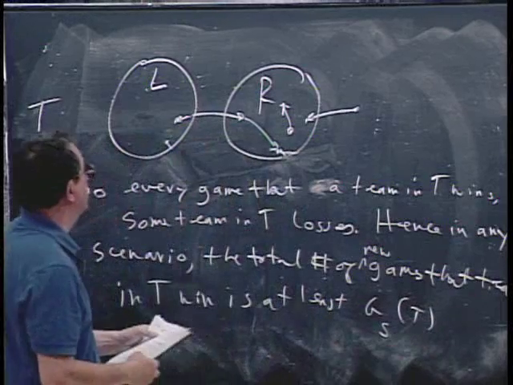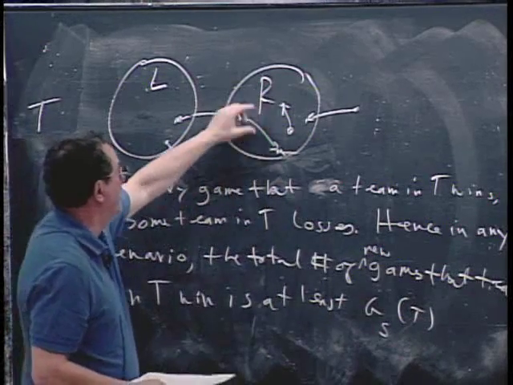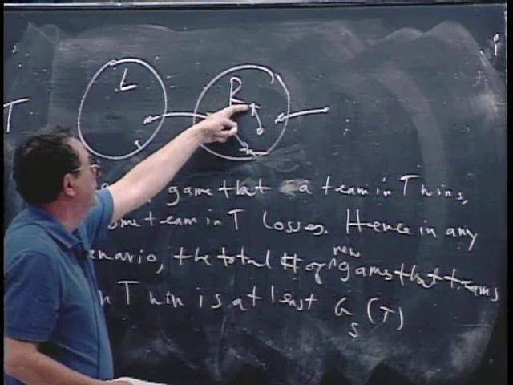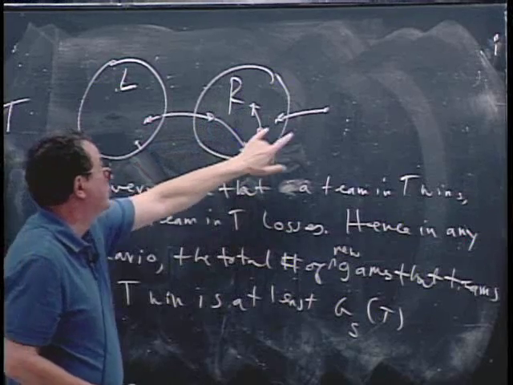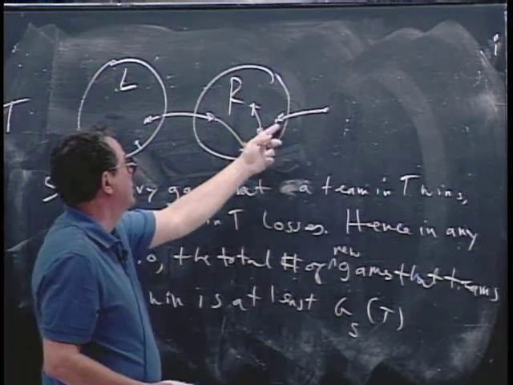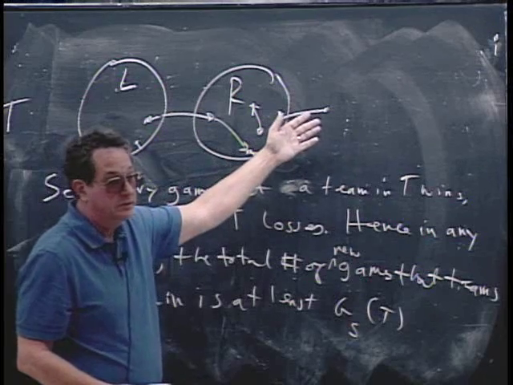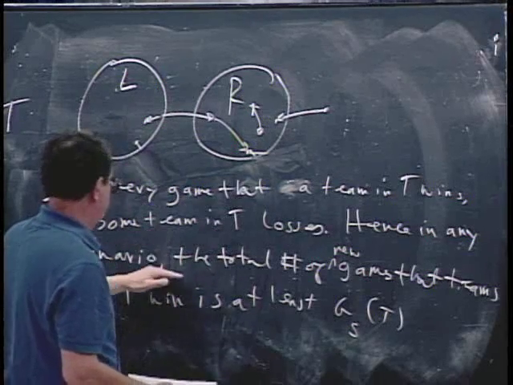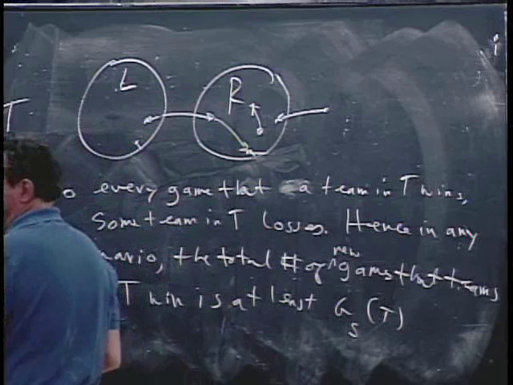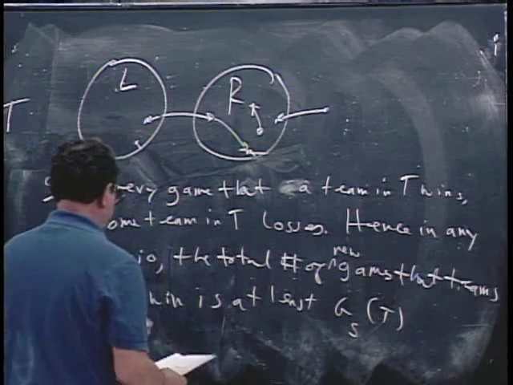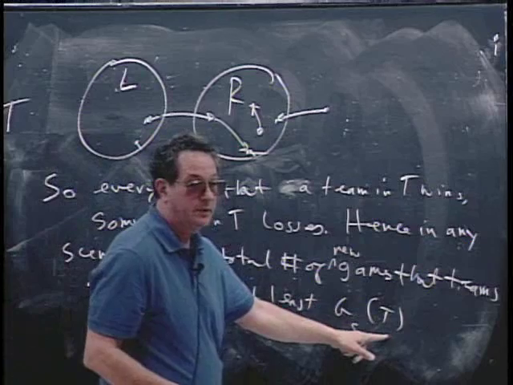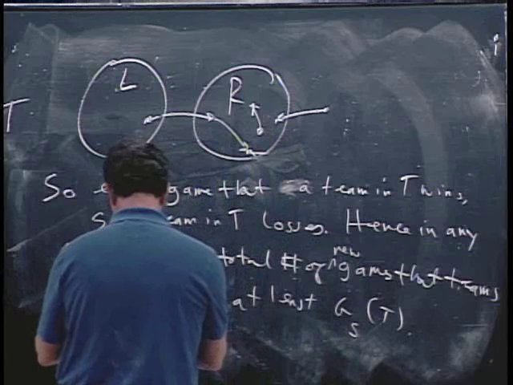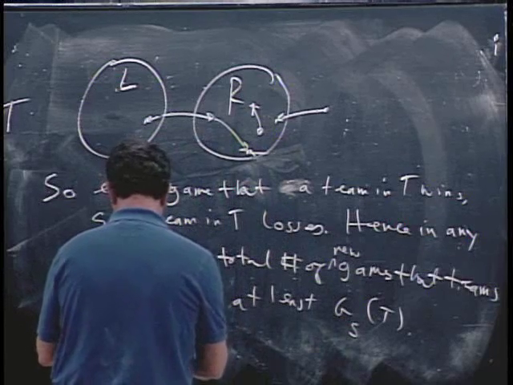Because in a different scenario, what can you do? You can change the outcome of each of these games. But it's still one team in T wins and one team in T loses. You could change a game here, which means that a team in T wins now that had previously lost. So in any other scenario other than S, the total number of games is at least GST. Okay? Because that's what it was in S.